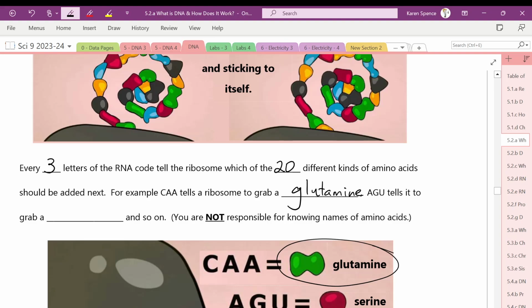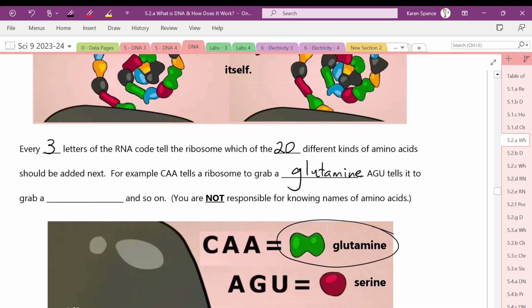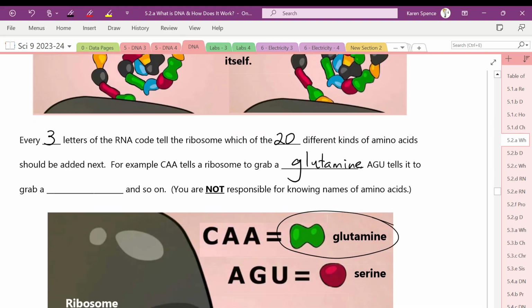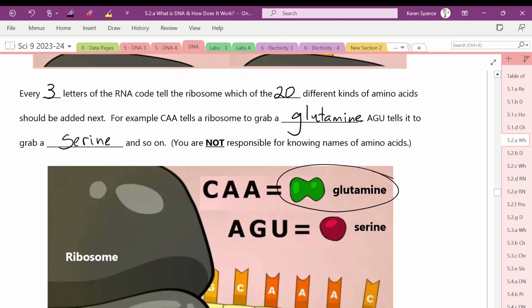And once again, it's going to grab a glutamine because it's got exactly the right sticky areas to grab that. And AGU tells it to grab a serine, and so on. You are not responsible for knowing the names of the amino acids.